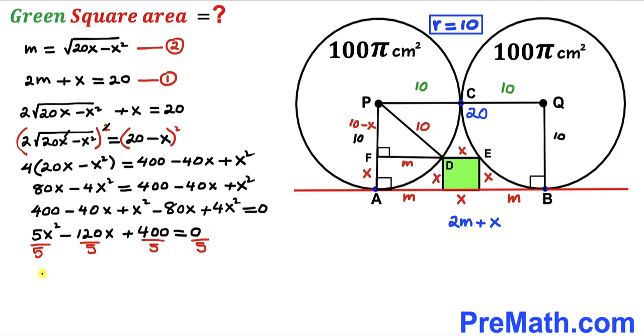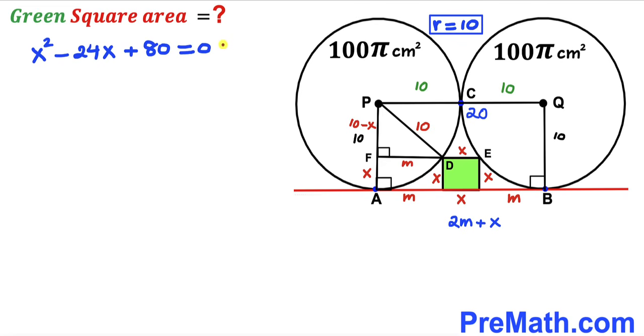So therefore we are ended up with the x square minus 24x plus 80 turns out to be equal to 0. And now we are ended up with this quadratic equation, and we are going to solve it by factoring. And here we can see 80 could be broken down to 4 times 20.